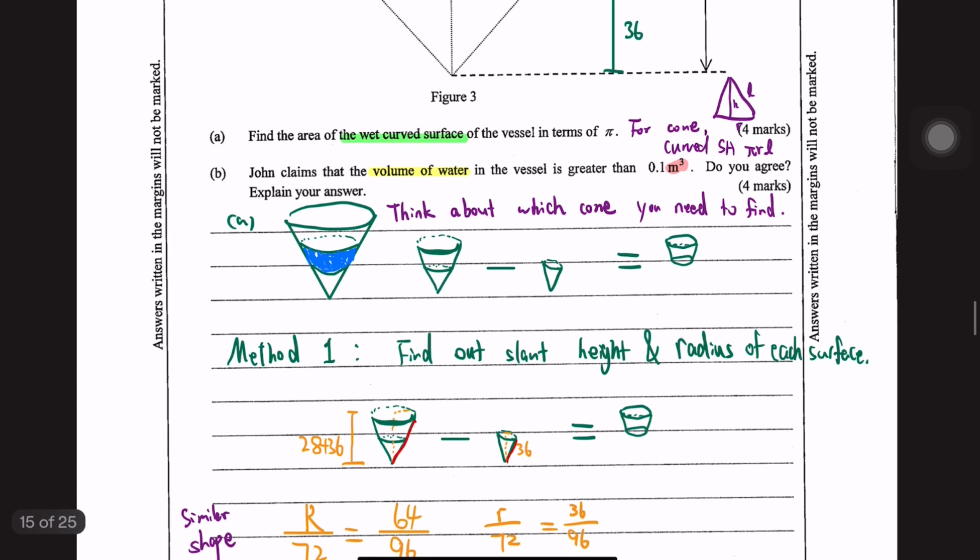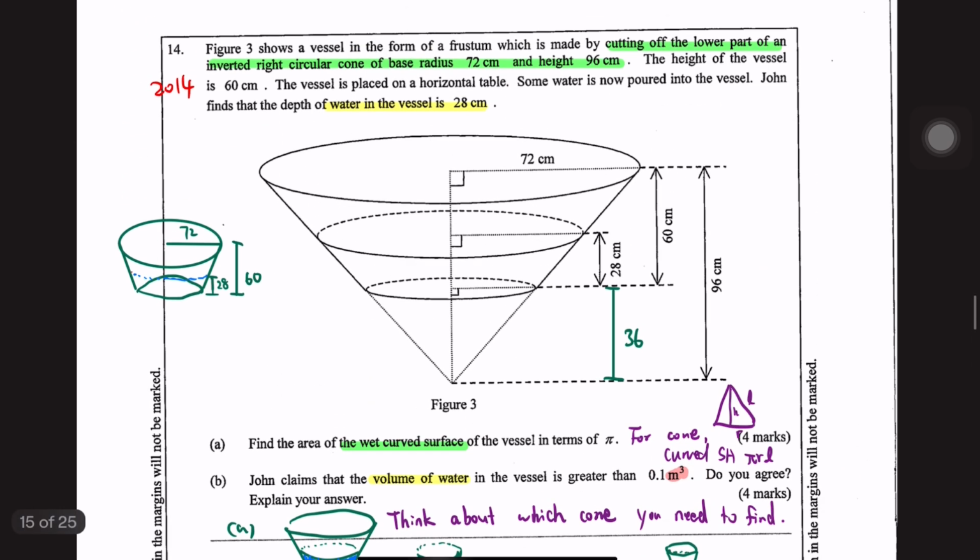Okay, for B, the volume of water. So now B, finding the volume, we need to use the 1/3 formula to find it. Remember to take note of the unit, okay? Always take note of the unit. It used to be in cm, right? Now it's in m cubed.